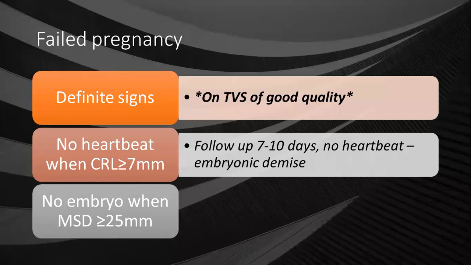Still, I could not see any heartbeat on the embryo. Then I know it is not advisable to use color Doppler in the first trimester. But because I was now suspecting that this is embryonic demise and I needed to make a diagnosis, I turned on my color Doppler. There was nothing. No color signal from the embryo.